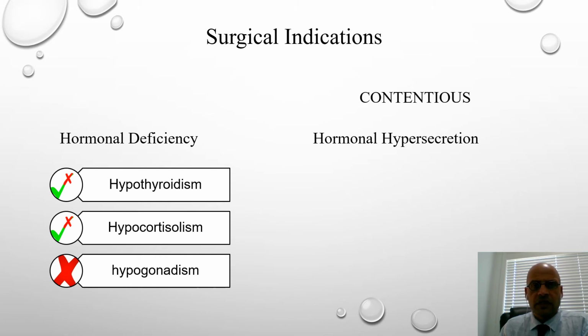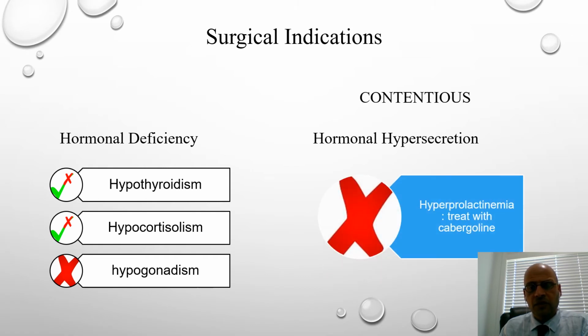The second category is hyperprolactinemia, which is not an uncommon finding with Rathke's, possibly related to stalk effect. However, this is not an indication for surgery, and we tend to treat with cabergoline. If the patient is an older female, you might not need to treat it at all.